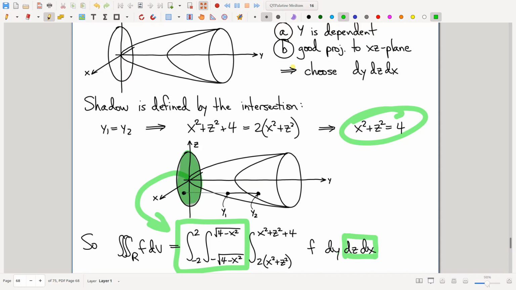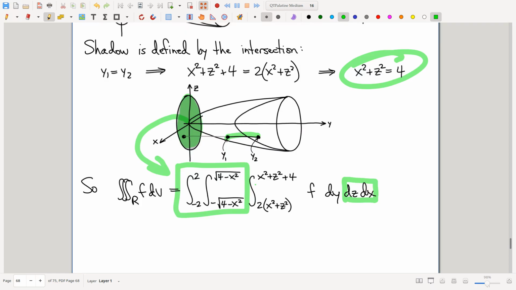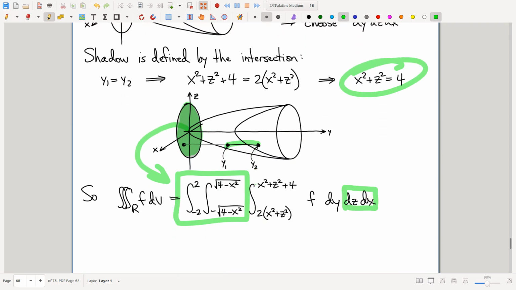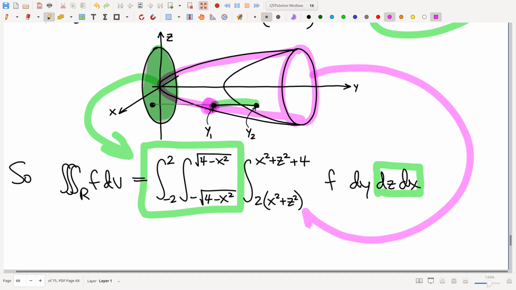And then I just got to think about, okay, well, if I look at one of those slices, so for example, here is one of my slices in the y direction, and what do I get? Let's see, can I get all this on the screen? Anyway. I think we need to get it all on the screen. The starting value for y is going to come from that point, which is on that surface, which has an equation that we're given in which if you solve for y, you get this.